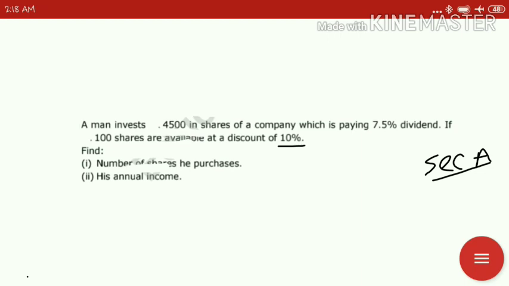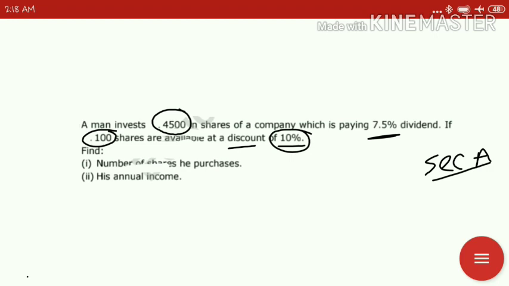So his investment is rupees 4,500, the company is paying the rate 7.5%, rupees 100 shares, that is the face value, and at a discount of 10%. From that you can easily calculate the market value. The market value will be at a discount, so it will be subtraction, that means 90.